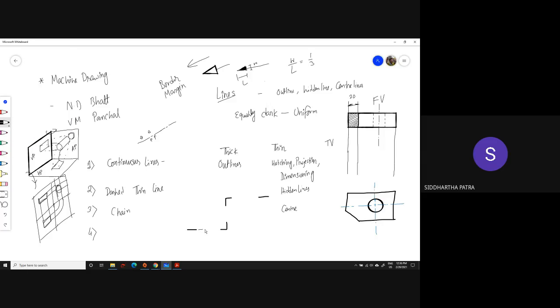So it's a chain line with a thick and thin combination. And they often come with thick arrowheads with letters marked beneath them. Can you tell me what they are used for?